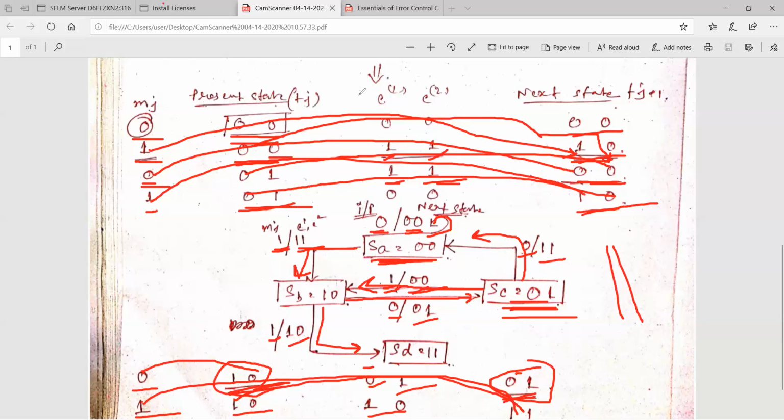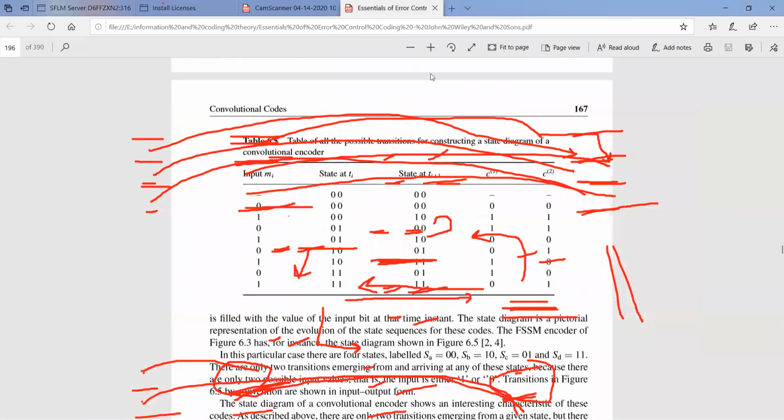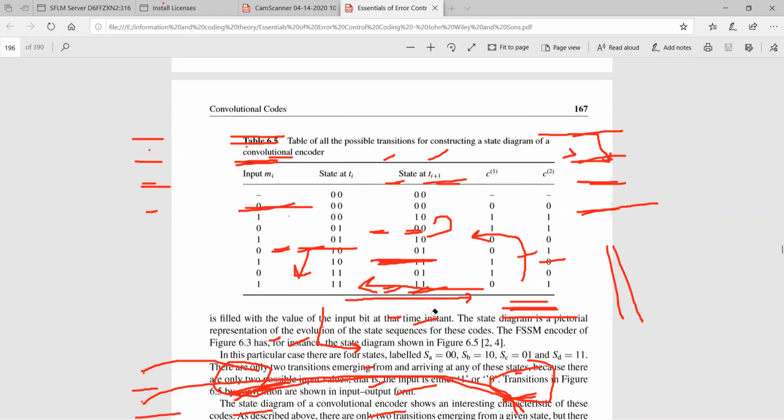And you can see from this book that here it is. So let me just erase it. So many sketches are there.